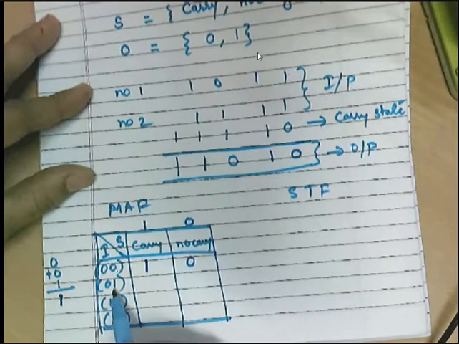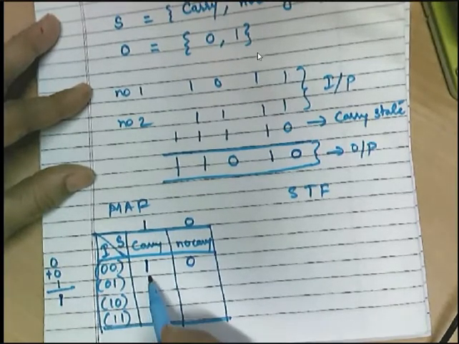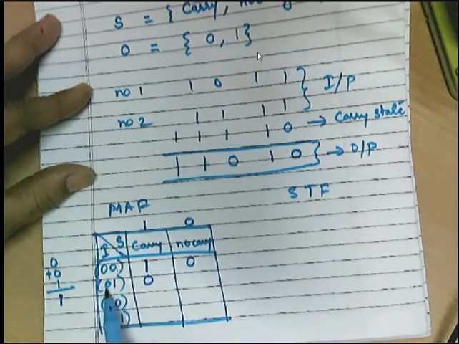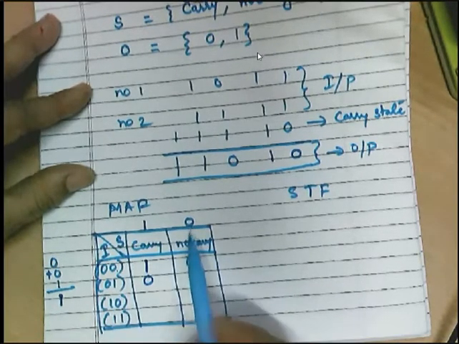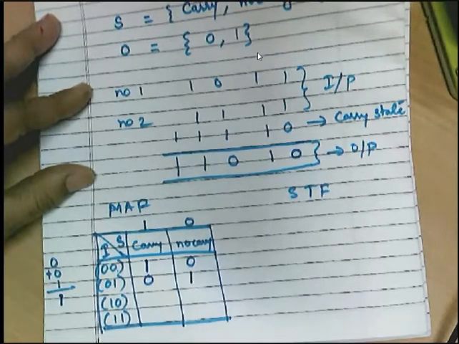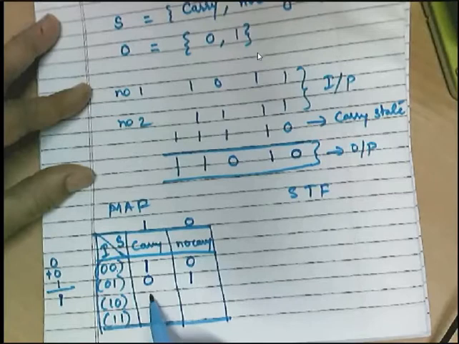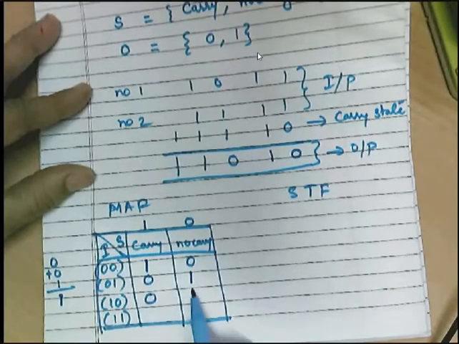Similarly, when my input is 0, 1 and carry, that means 0 plus 1 will give me output as 0, right? And if it is 0 plus 1 and this 0, it will give me output as 1. Similarly, the same output will be there for the same case.